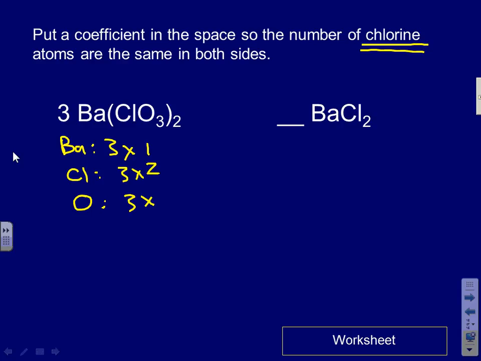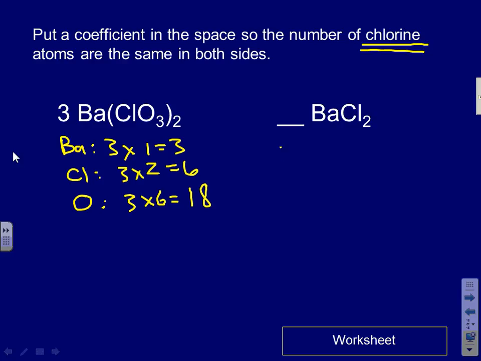We just did this one. And the oxygen is 6, 2 times 3. And I'm really only interested in the chlorine, but I'll do them all. 3, 6. Ooh, what's that? 18? You guys are better at that than I am. I'm terrible at my simple multiplication. I always have to have my calculator nearby.